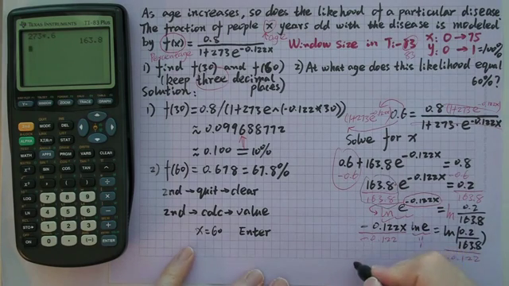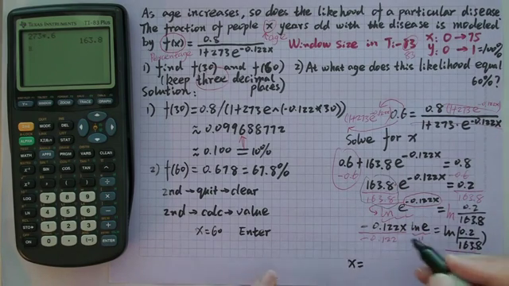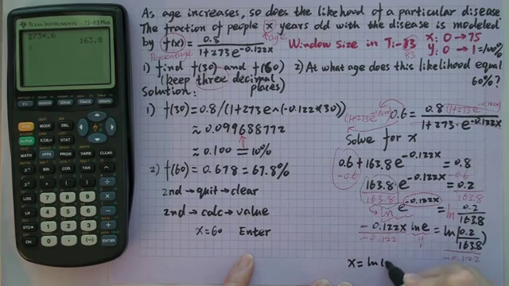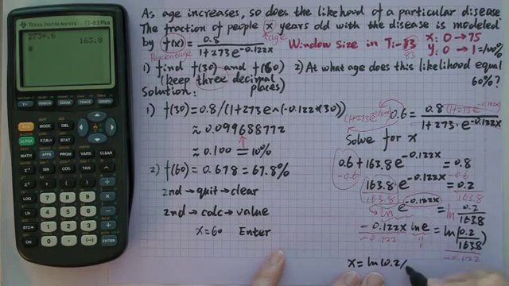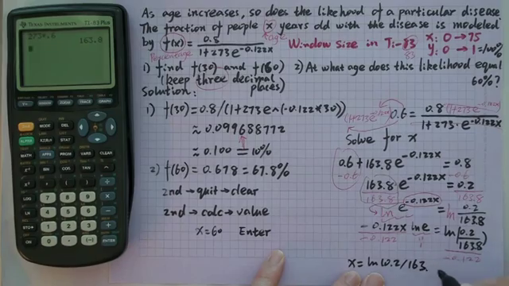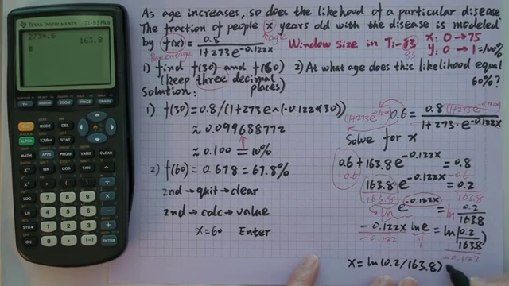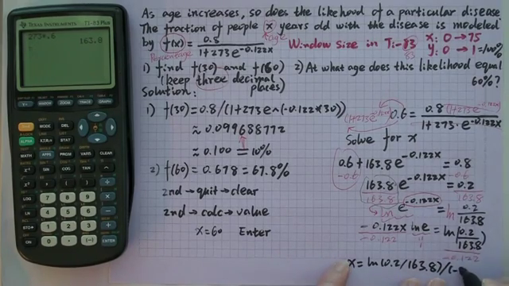Then you have x equals natural log of 0.2 divided by 163.8, divided by negative 0.122.